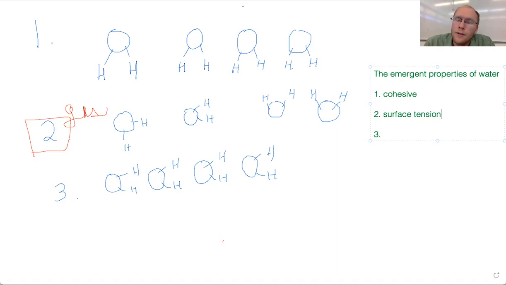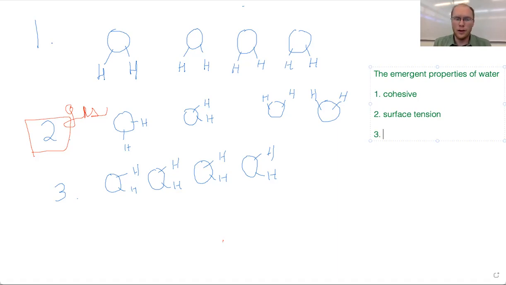Many liquids do not have surface tension, but what that means, which I'll show you in class, is water pulls itself together and it forms a layer along the outside, which applies a greater force on other objects. So surface tension has to do with the tension that is unique to the surface of water.